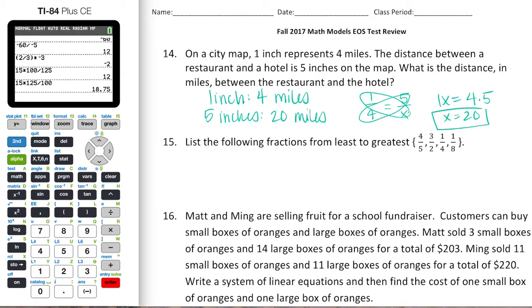All right, list the following fractions from least to greatest. So we have 4/5, 3/2, 1/4, and 1/8. So listing them from least to greatest means we have to list them based on their smallest decimal size. So if we do that, we can check 4 divided by 5.